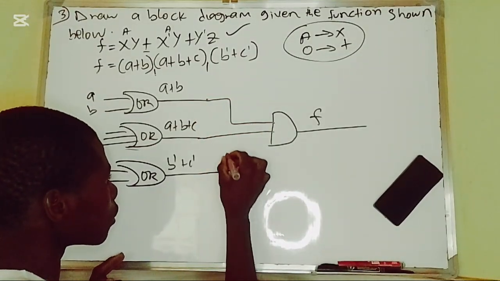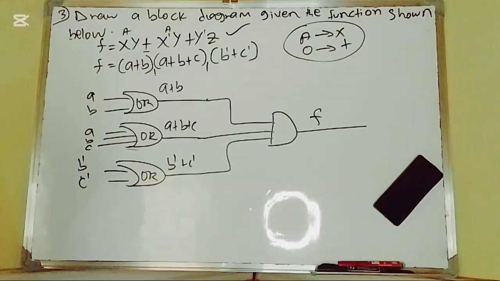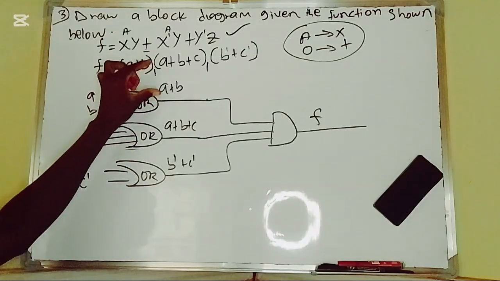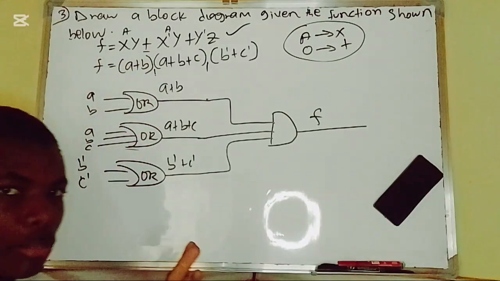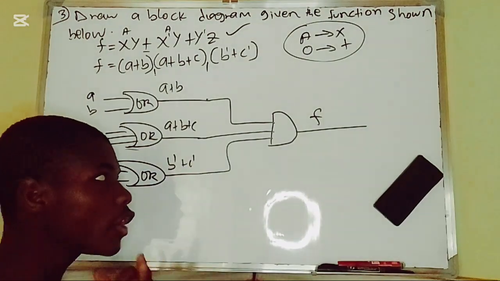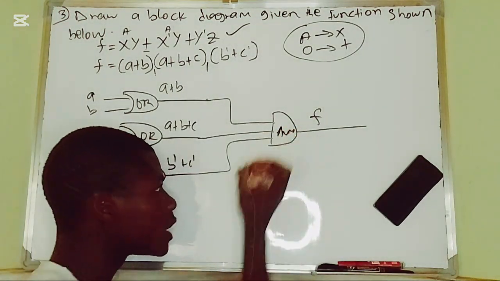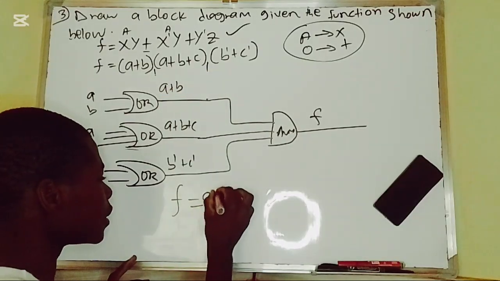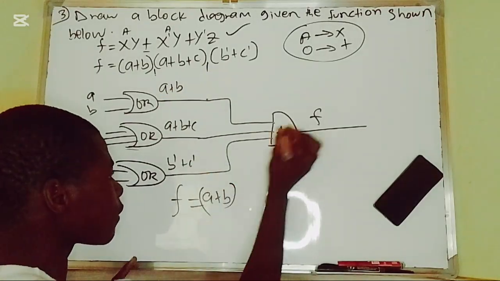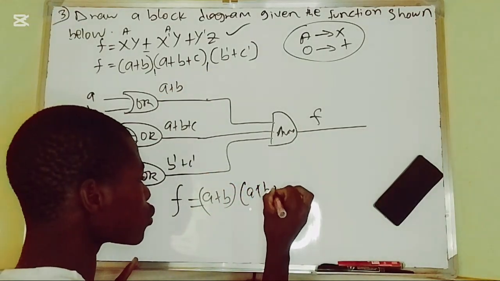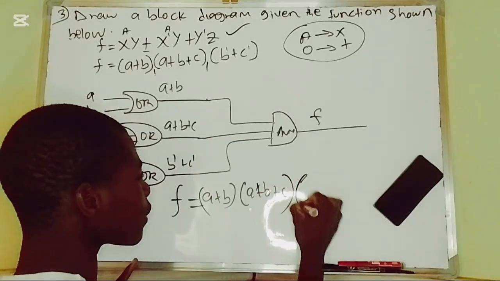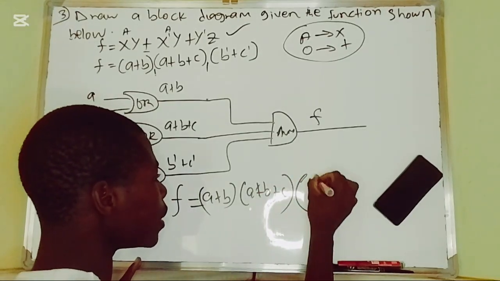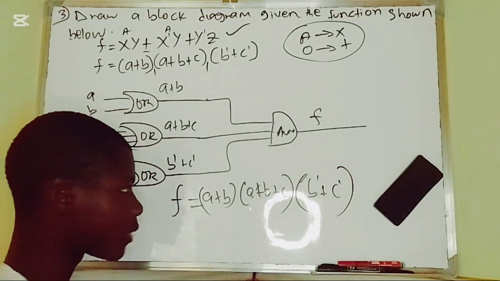The A plus B plus C and the B prime plus C prime will be new inputs to this AND gate. Therefore, the function will now be the input 1, A plus B plus C, multiplied by B prime plus C prime.